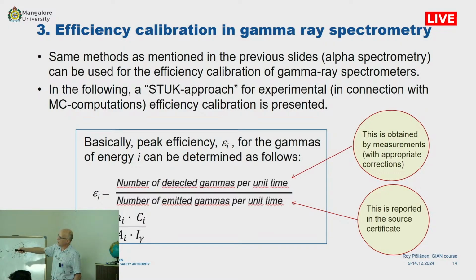You have to know the number of emitted gammas per unit time, which is reported in the source certificate. And the number of detected gammas per unit time is obtained by the measurements. Of course, you have to apply appropriate corrections, for example, reference time correction, etc. But very simple, basically.